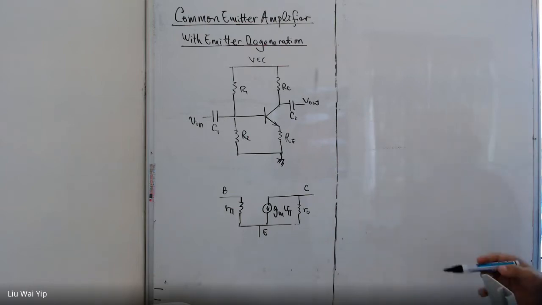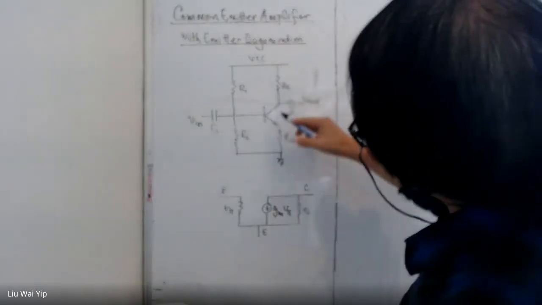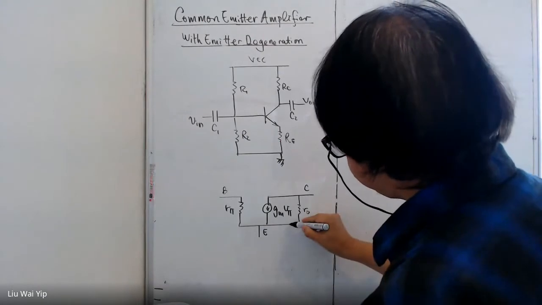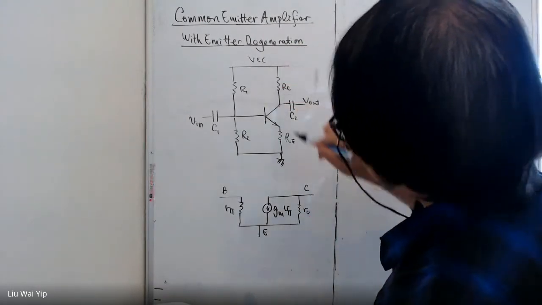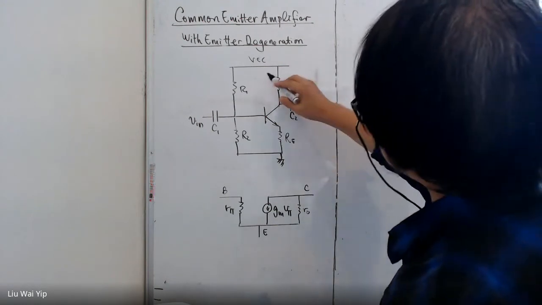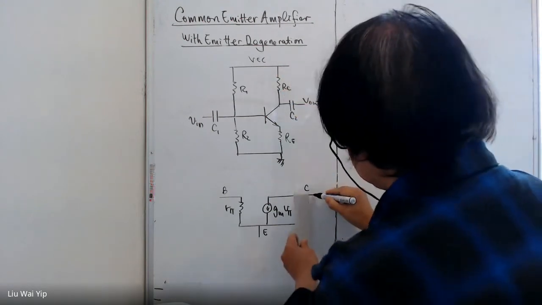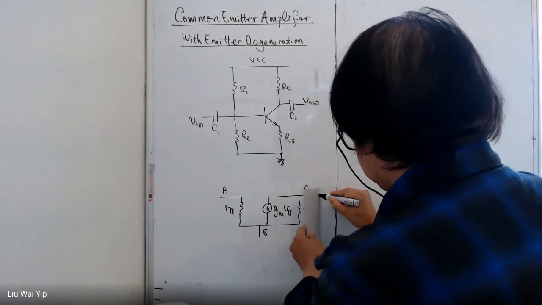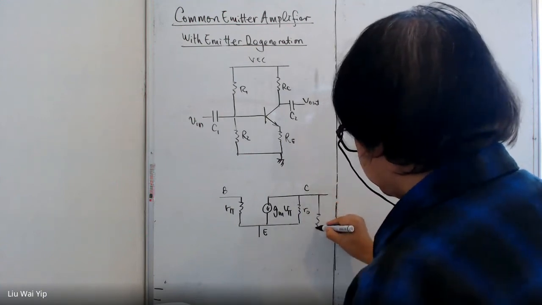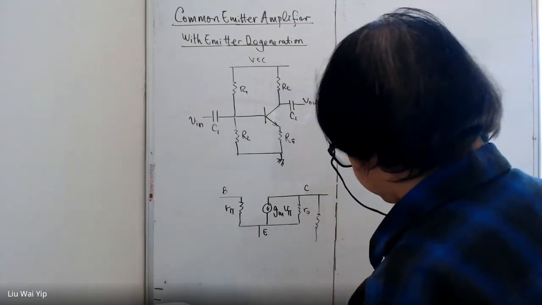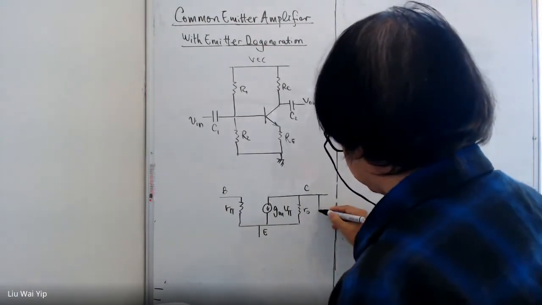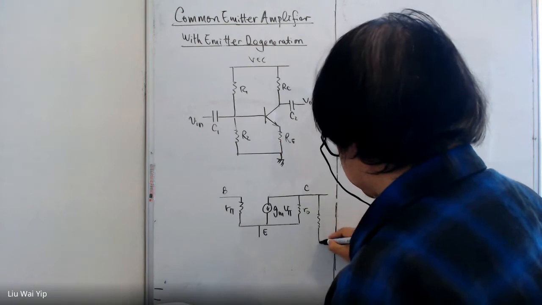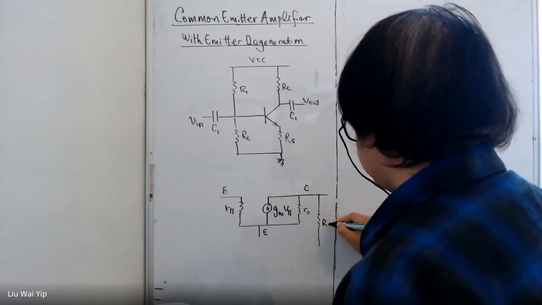And like what we did before, we are going to short circuit the VCC here. So if we do that, then what we are going to get is we have a resistance here, and RC.